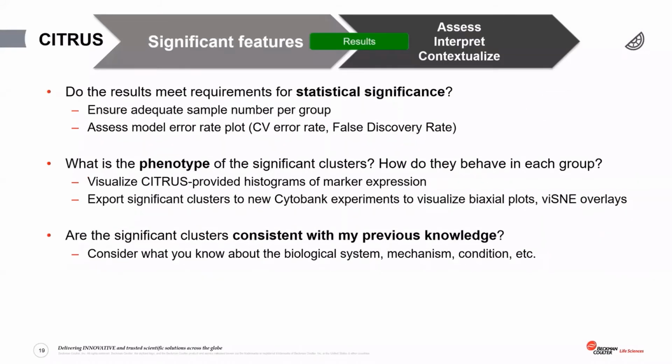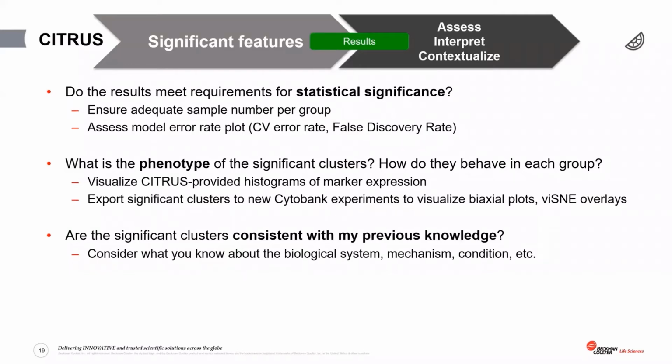So far, citrus has done all the heavy lifting. But with the resulting models that citrus generates, you have to review the results. You need to assess if the results meet your needs for statistical significance, ensuring that you have enough samples in each group and that your cross-validation error rate is sufficiently low and within your false discovery rate. Then you need to phenotype the significant cell clusters and understand the pattern of how they behave in each group.